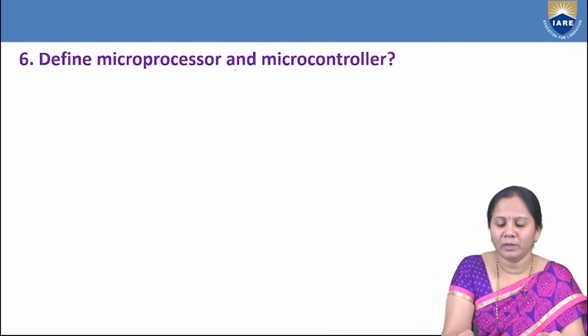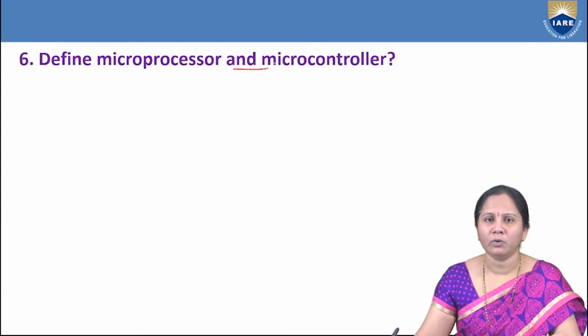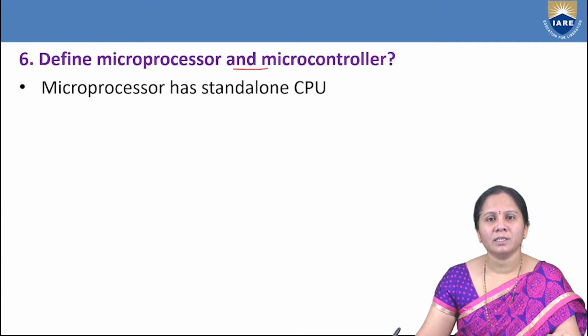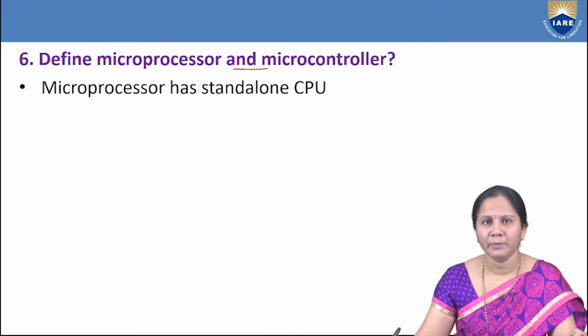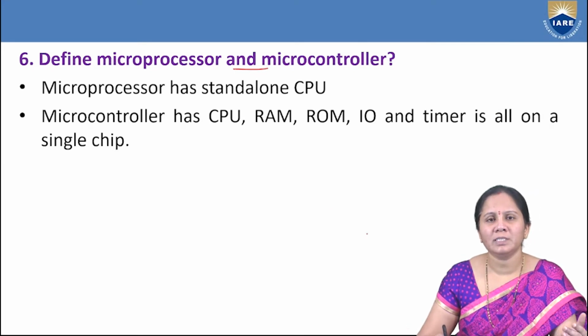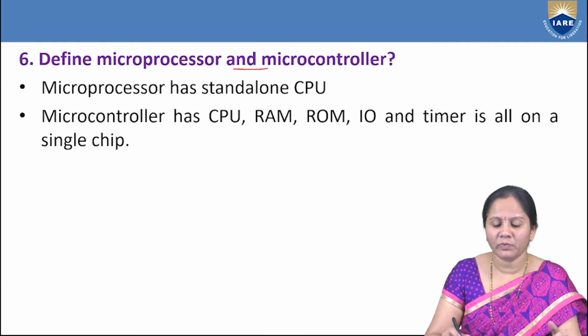Now, define microprocessor and microcontroller. A microprocessor has a standalone CPU, that means it is just a processor, whereas a microcontroller has different components embedded inside. What are the different components?